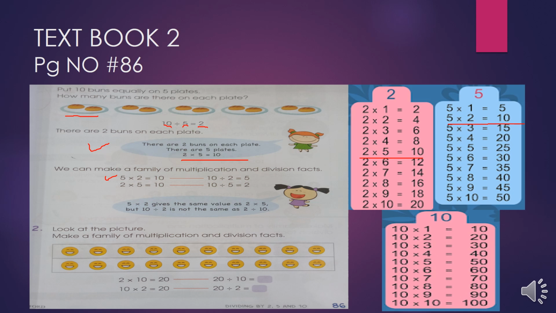From it, we can make a division sentence: 10 in total, when we circle in groups of 2, we get 5 groups.